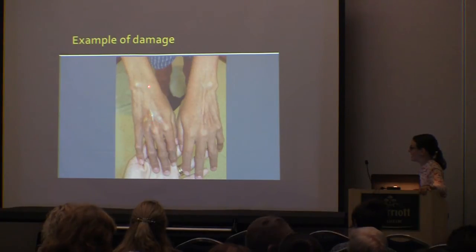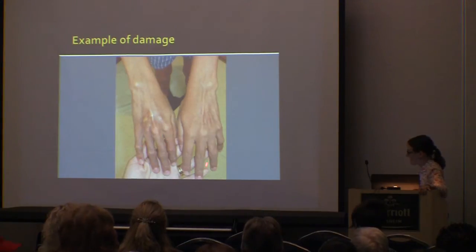We see some lightening of the skin or hypopigmentation. We see here that he's lost some of the subcutaneous fat on the backs of his hands, which makes the tendons going to his fingers look more obvious. You can see here also the affected fingers are thinner than these. And so he has many of the manifestations of damage.